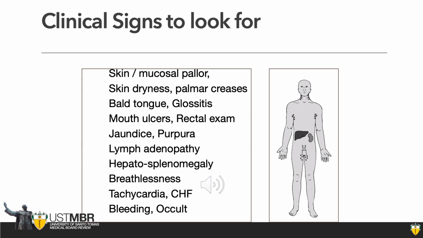The first system that compensates in patients with anemia is the cardiovascular system. And so pulse rate or cardiac rate is very important, and blood pressure. And then the reticuloendothelial organs such as the spleen, the liver, and the lymph nodes are also important.